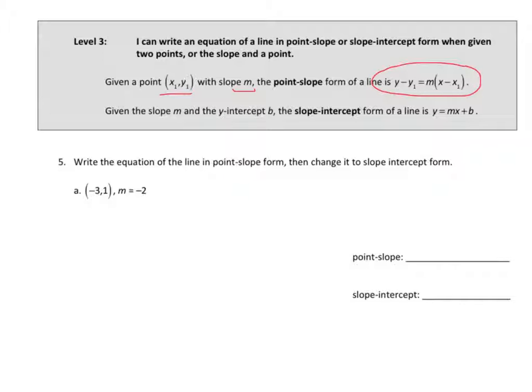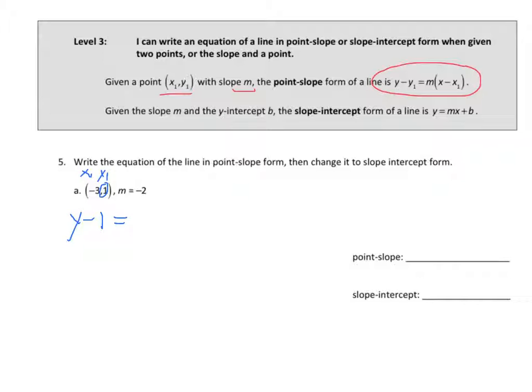So looking at this first example, we have a point and the slope. The point would be x1 and y1, and m equals negative 2. To use point-slope form, you start with y, which is your variable, and then you subtract the y value of the coordinate, which is 1. And then you put your equal sign.